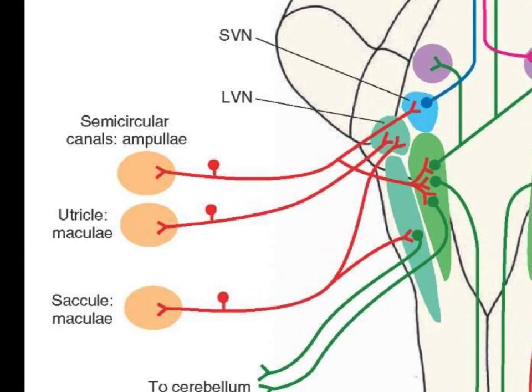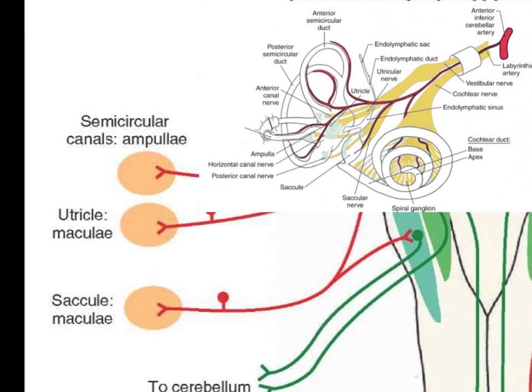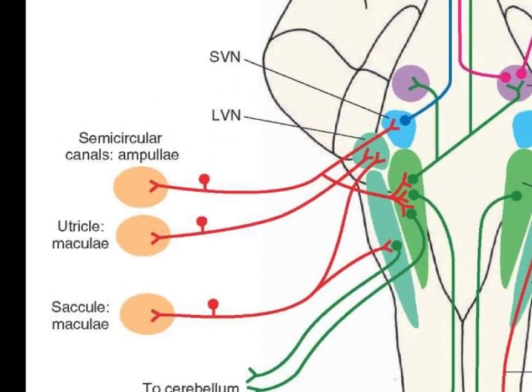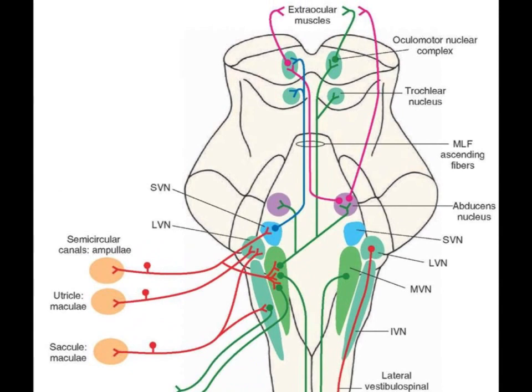Here are the semicircular canals, the utricle, the saccule, and they all go into the vestibular apparatus. Remember, this is the nerves or the vascular supply here. We're going to back up and you can see how these all connect bilaterally to the extraocular muscles.